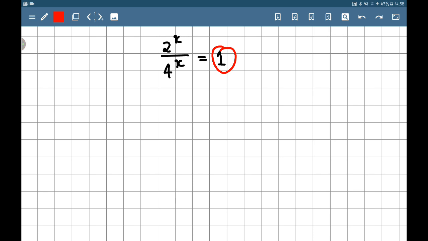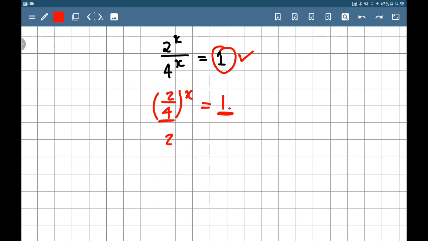Yes. So this is now going to be 2 over 4 to the power x is equal to 1. This is the only time you are going to change the 1 to be that base, because now you are switching. Are you following?